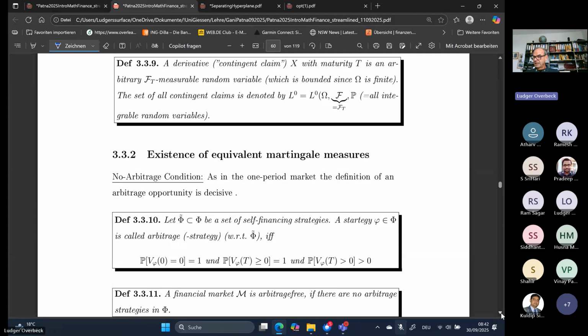And arbitrage is defined as before. You see only the first timing point 0, and the final time capital T plays a role.